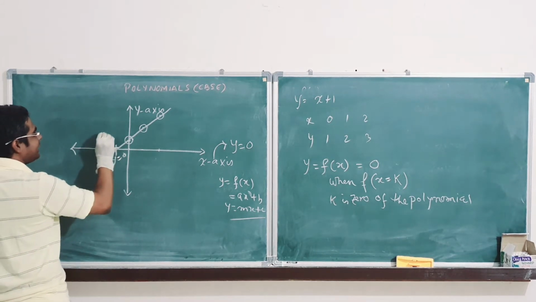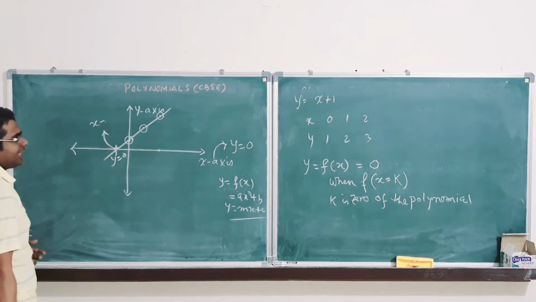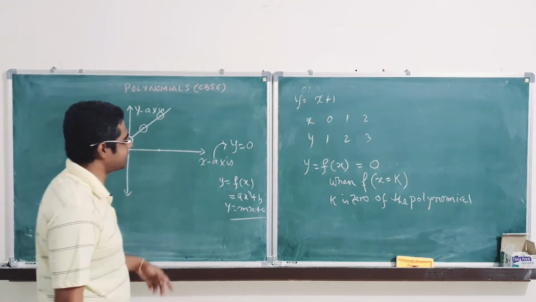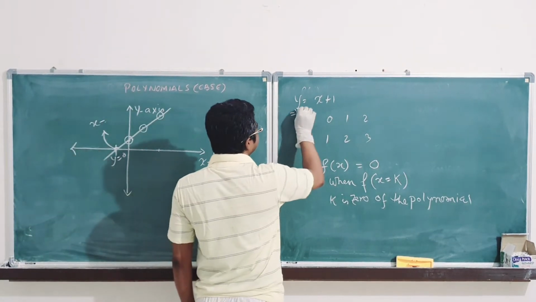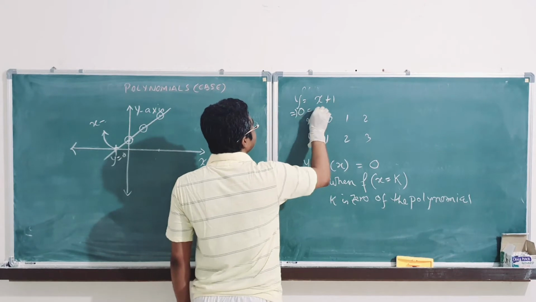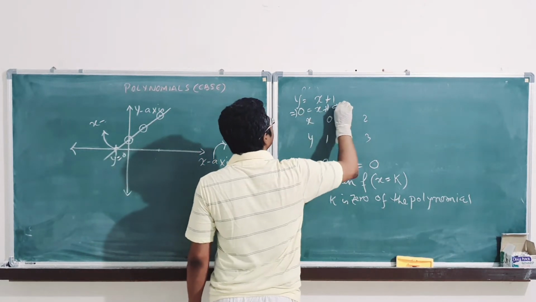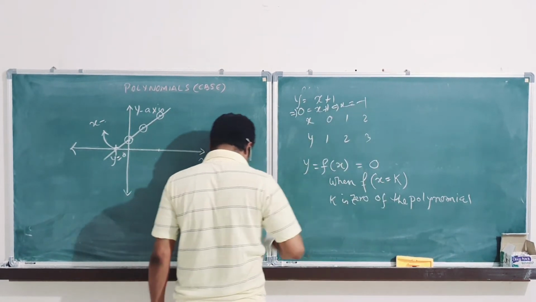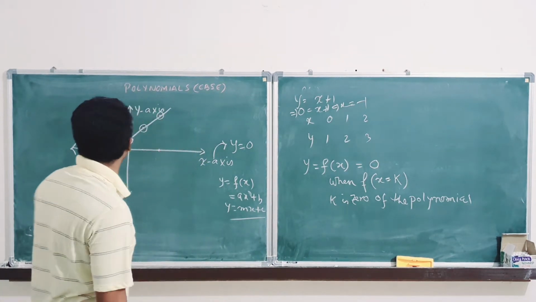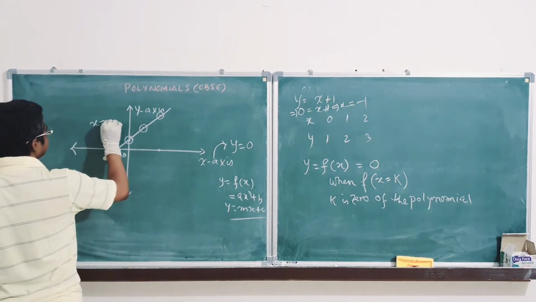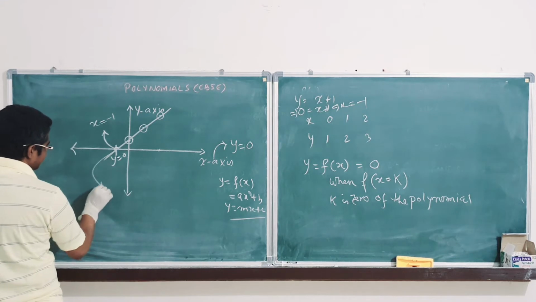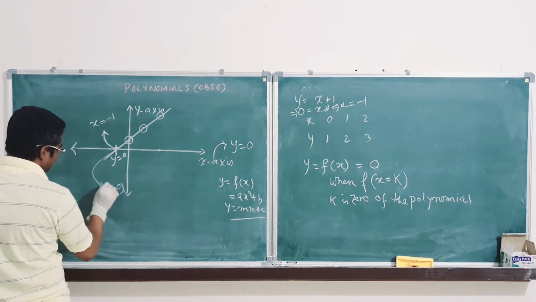So at this point there is some value of x. Even if you want to calculate it, y is equal to 0, you put x plus 1 equal to 0, so x will be equal to minus 1. So here x is equal to minus 1. So this point is basically (-1, 0). Clear?